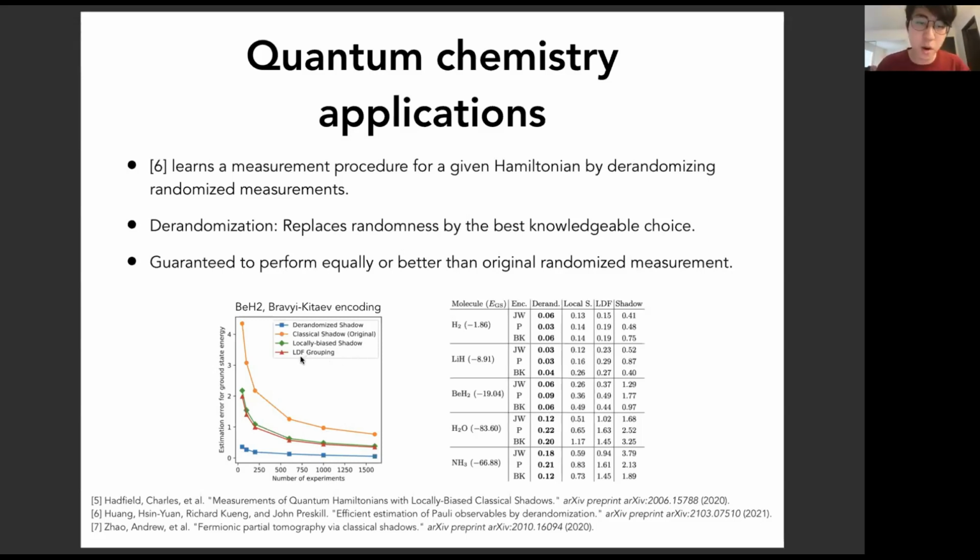And we also compare it with this standard approach called largest degree first grouping. Basically, you just try to group all these Pauli observables into the smallest possible number of qubit-wise commuting groups, which is a very strong approach that's used in practice. But we found that using this de-randomization approach, you can even improve upon that as well.